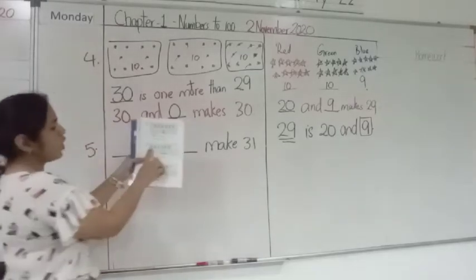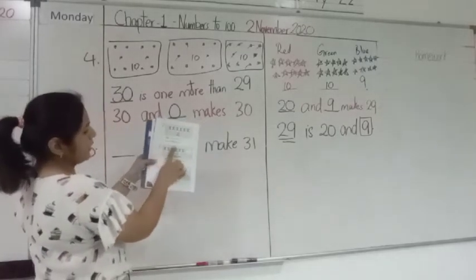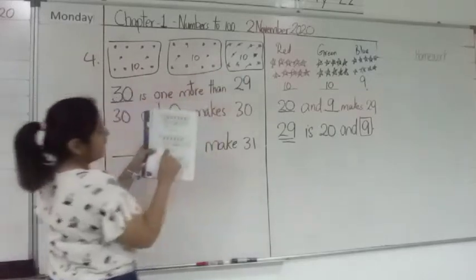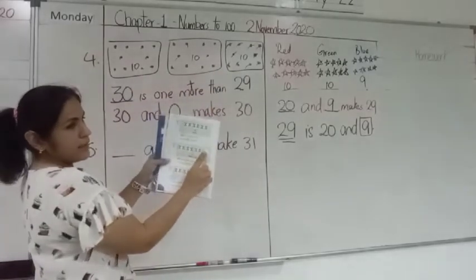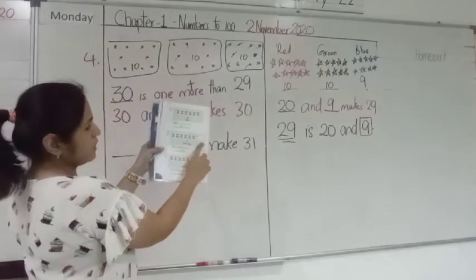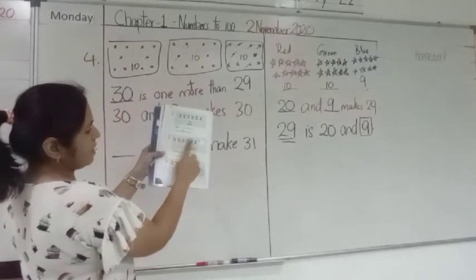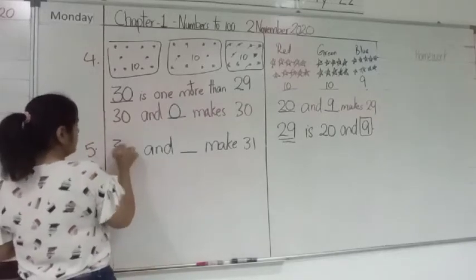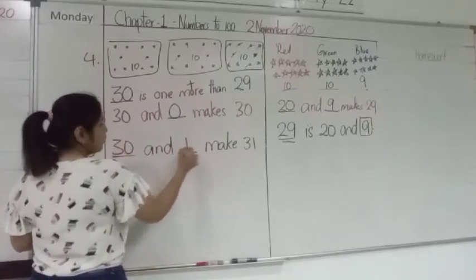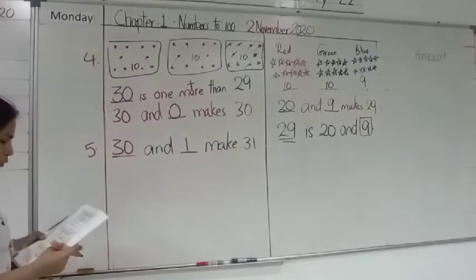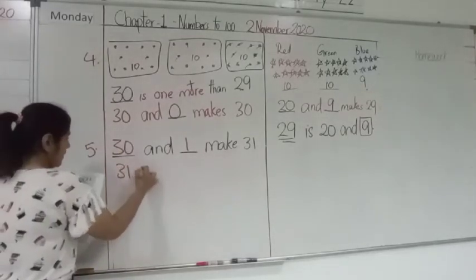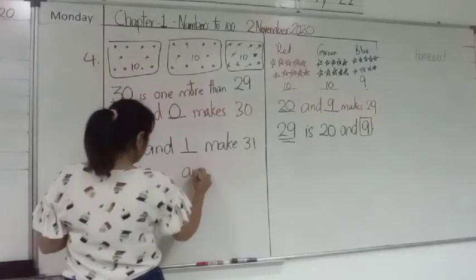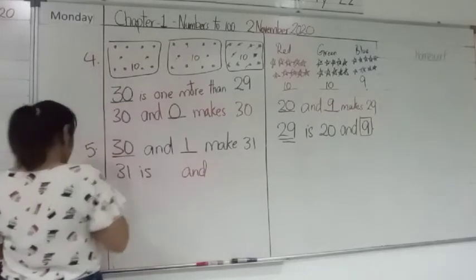As you can see the dots here, 10, 20, 30 and 1. There's an empty box with only 1 dot. So this is 30 and 1. So what you have to write here is 30 and 1 makes 31. So 31 is 30 and 1.